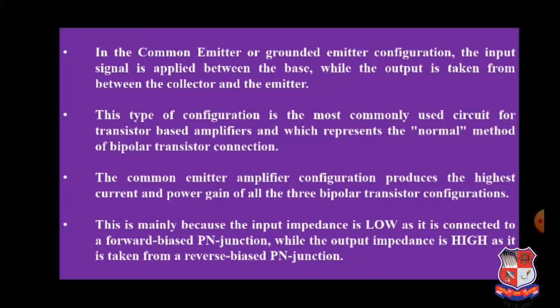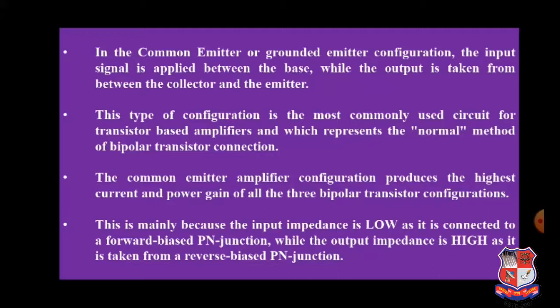The positive type of semiconductor, that means P-type semiconductor, is connected with the plus terminal of your input voltage source, and the N-type semiconductor, which is of electrons, that means a negative type of semiconductor, is connected with the negative terminal of the input voltage source.